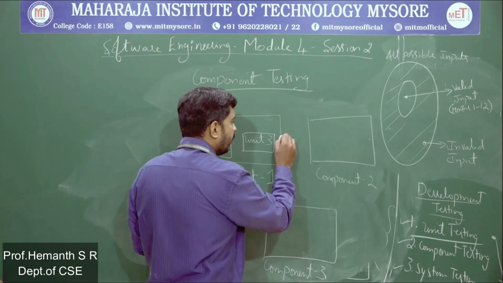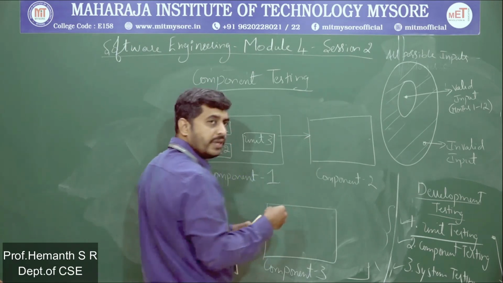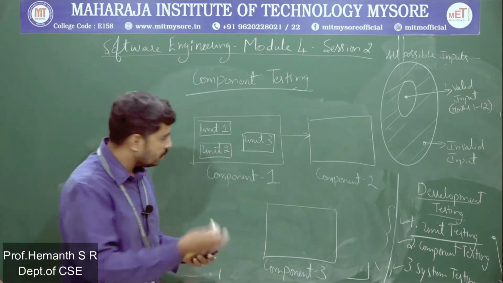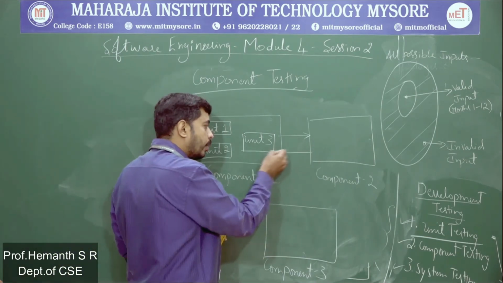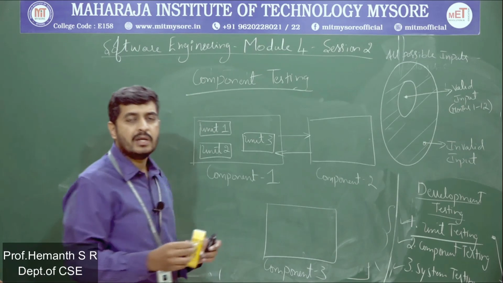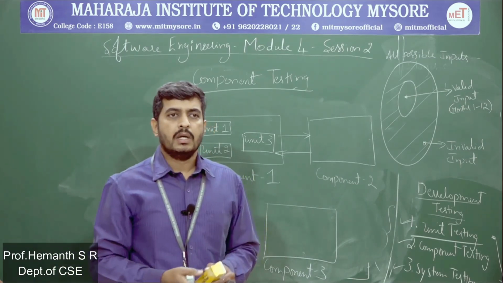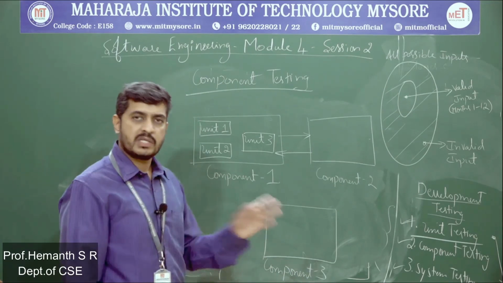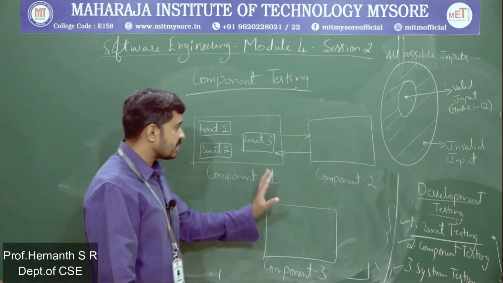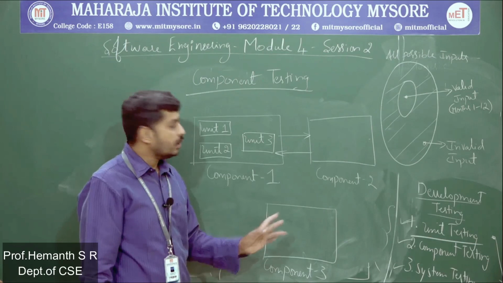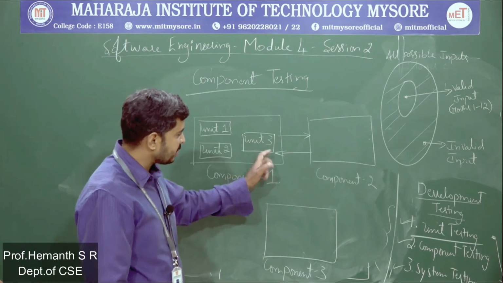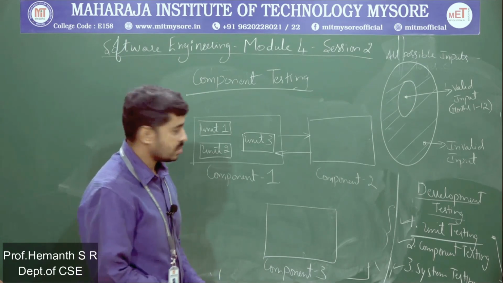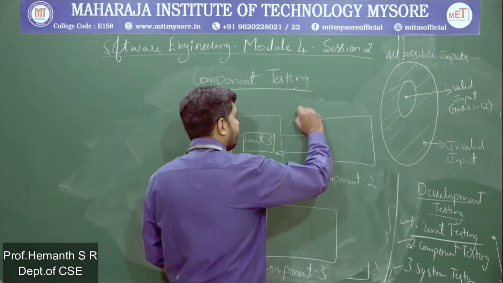Whether component 1 is communicating correctly as per the expectation with component 2, and vice versa. What you need to do is test the interface between the components. As you can see in this graphical illustration, the lines between the components are the interfaces.